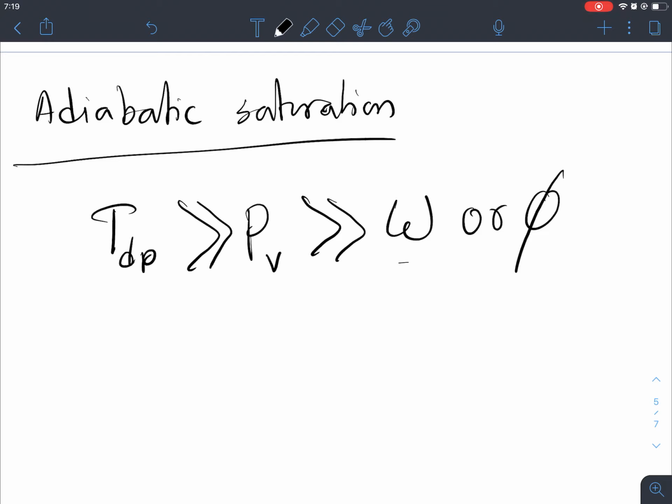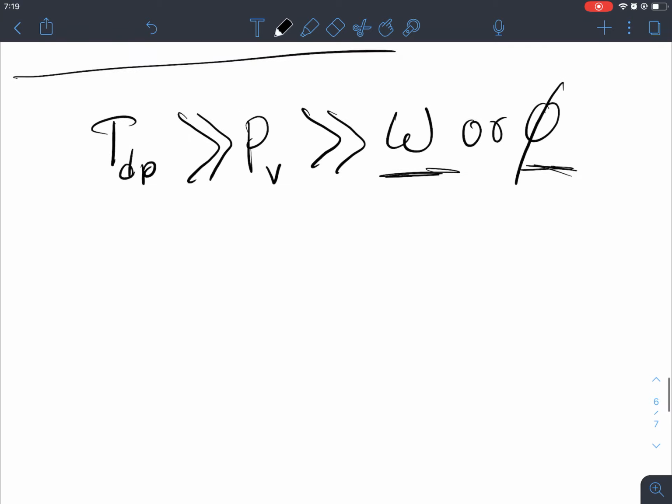So how can we determine the specific humidity or relative humidity? Another way to determine these two parameters is the adiabatic saturation temperature, right? So what is the adiabatic saturation temperature?